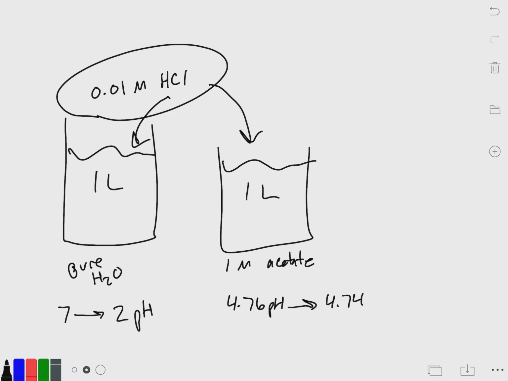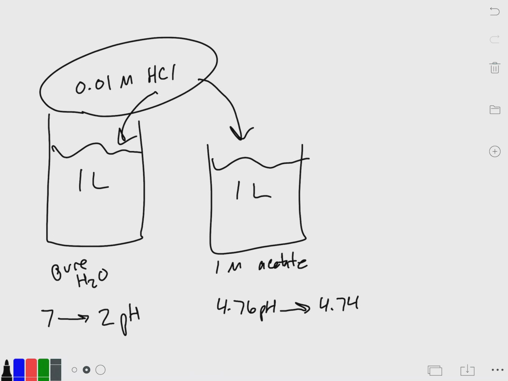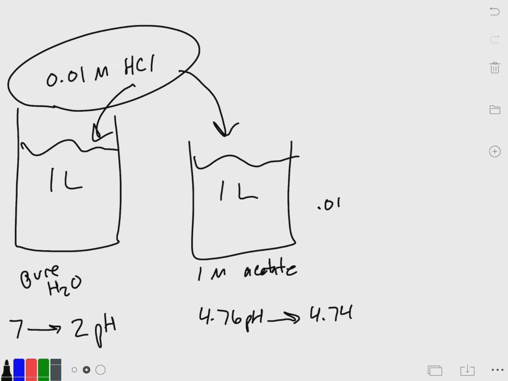Let's talk about buffer capacity. It's important to note that buffers have capacity limits, limited by their concentration. Let's imagine that in this previous example, we had added 0.01 moles of HCl to the acetate buffer, but the acetate buffer only had a concentration of 0.01 molar, right? And so then at that moment it has equal amounts of, let's say, the acid and the conjugate base.